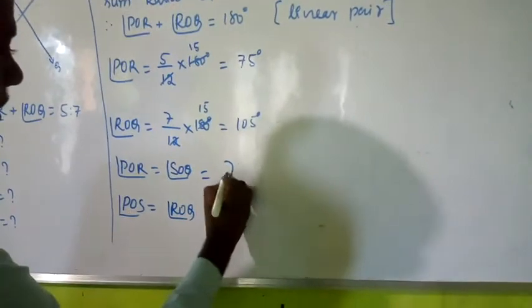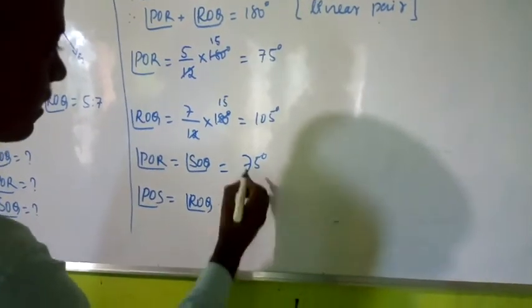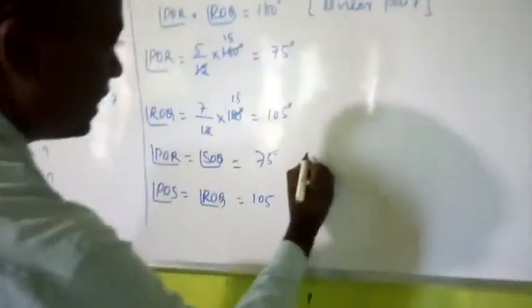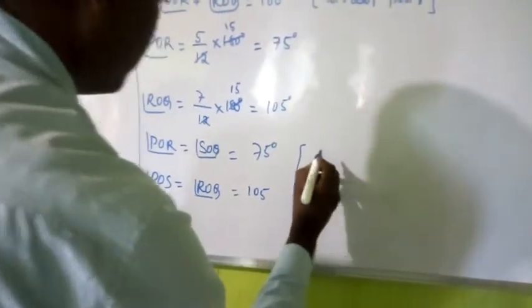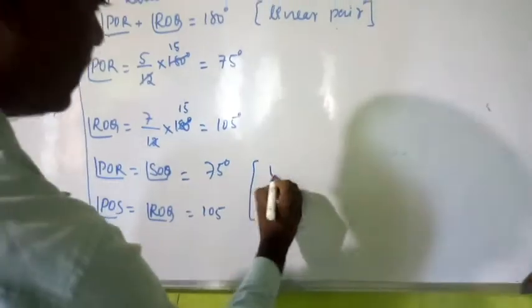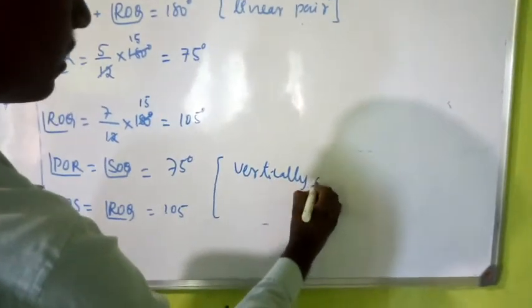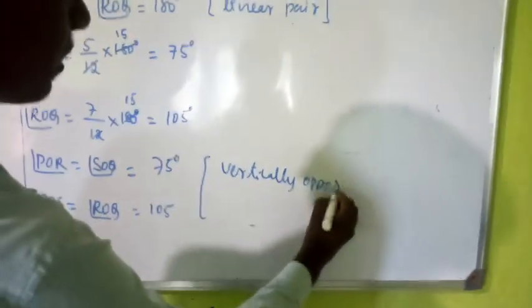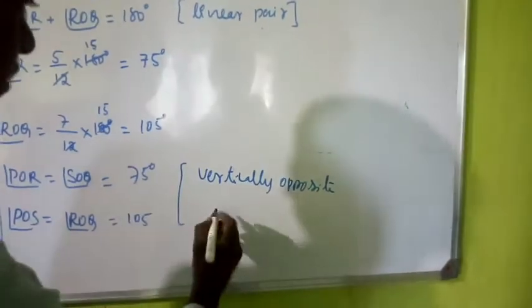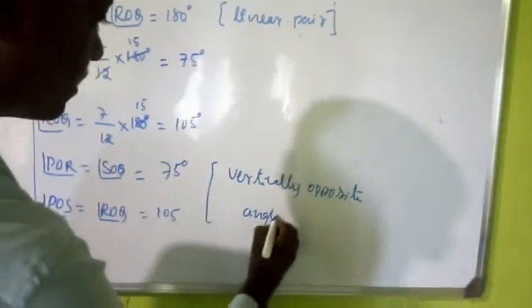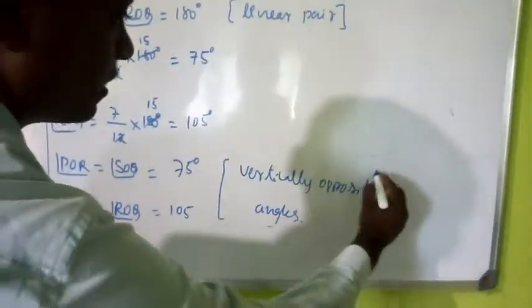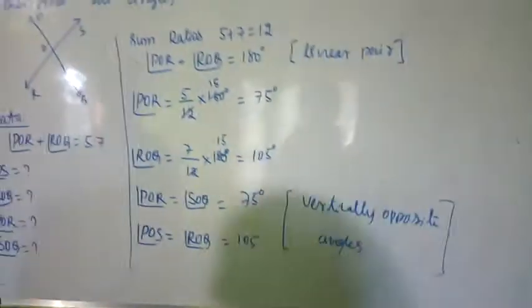So this is 75 degrees, this is 105 degrees. Why is it so? Because of vertically opposite angles according to the theorem. Vertically opposite angles. Okay students, so do you understand this problem?